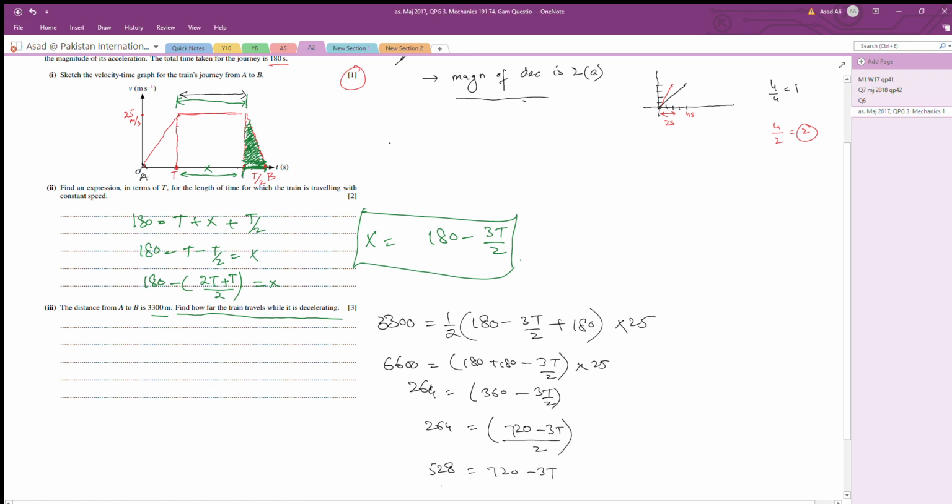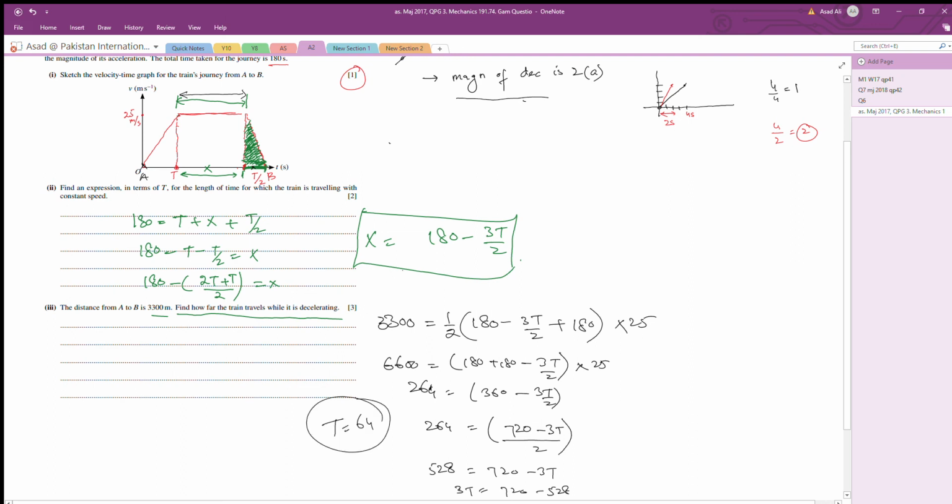So 3t is equal to 720 minus 528. 720 minus 528 is 192, divided by 3, 64. So we're getting the time t here as 64.